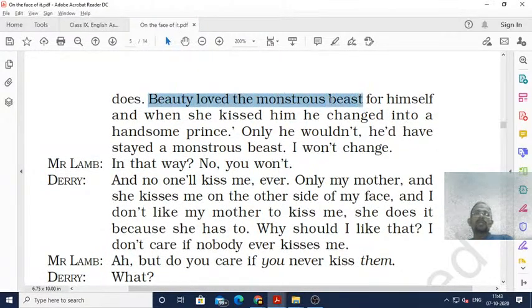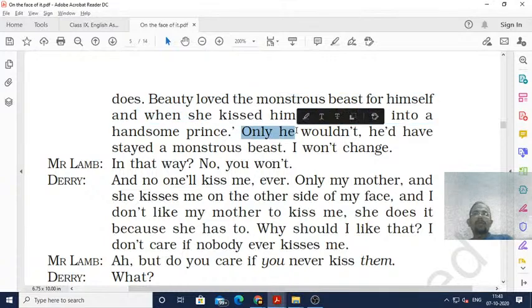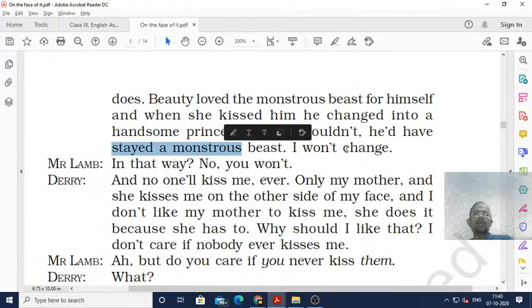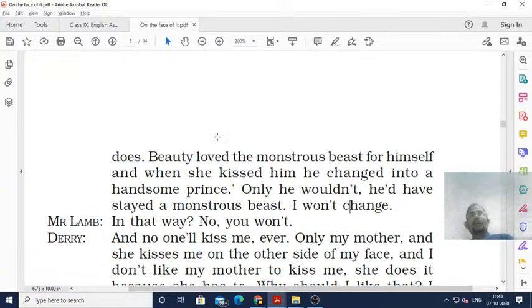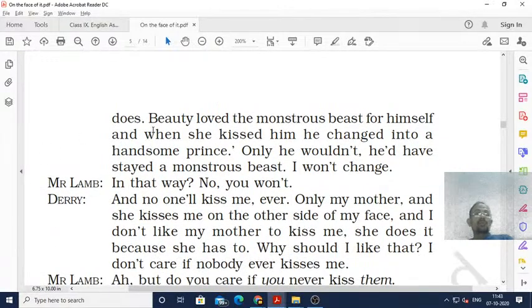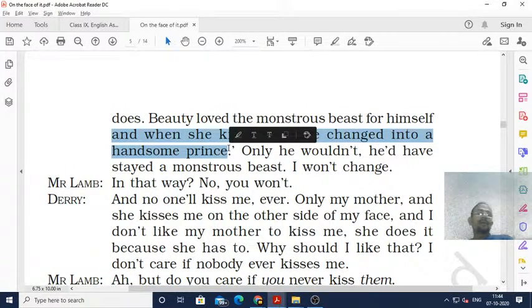Beauty loved the monstrous beast for himself, and when she kissed him, he changed into a handsome prince. Only he wouldn't. He would have stayed a monstrous beast, I won't change. Okay. And Derry is also quoting a story here.